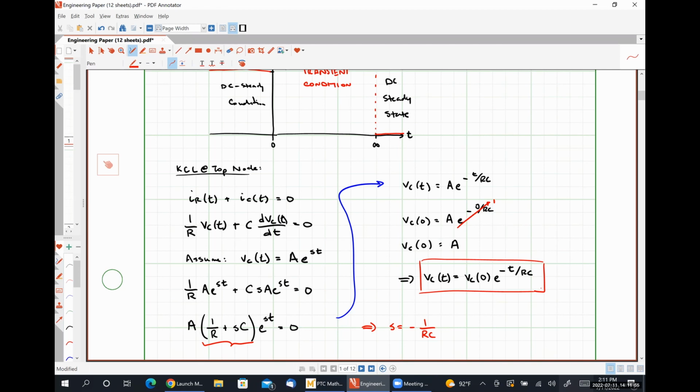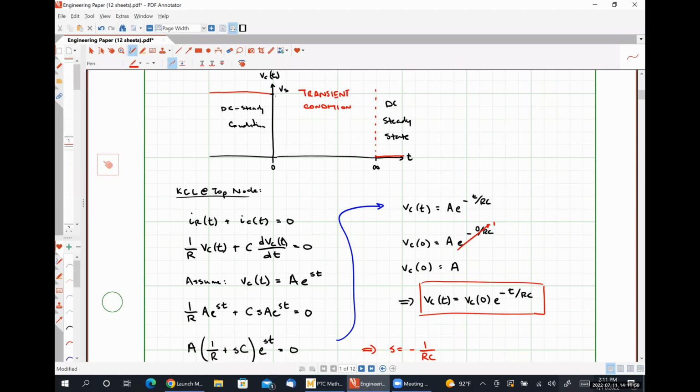Okay. We have an exponential decay. And the rate of the exponential decay is determined by the values of the circuit elements R and C.